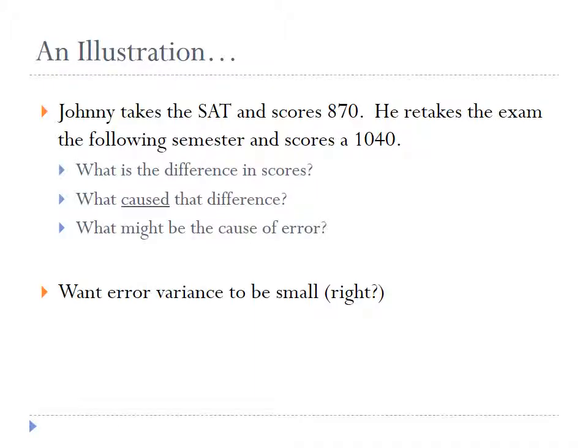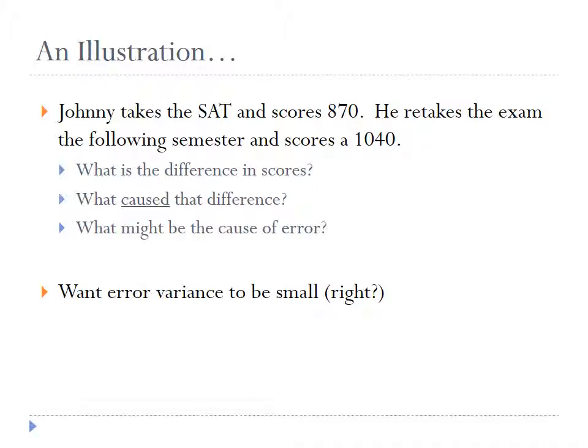So we could look at an example. Say we have a student, Johnny, who has taken the SAT test, and he scores an 870. He retakes the following semester and scores a 1040.